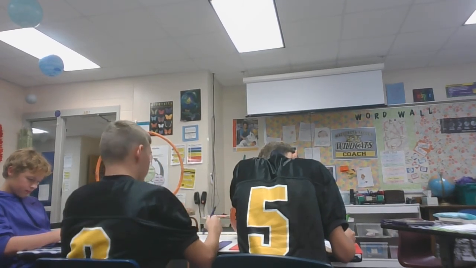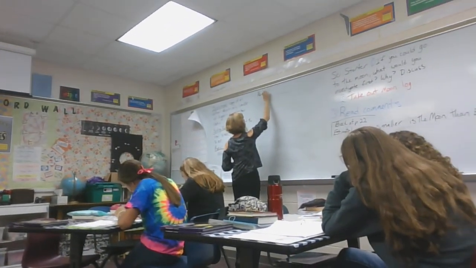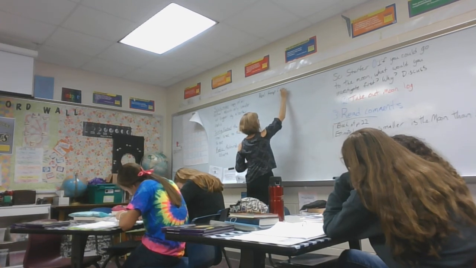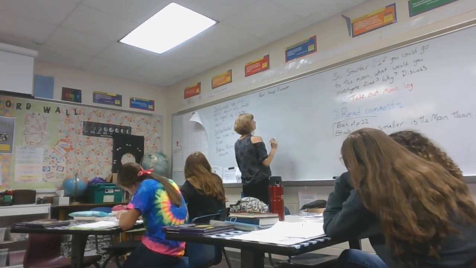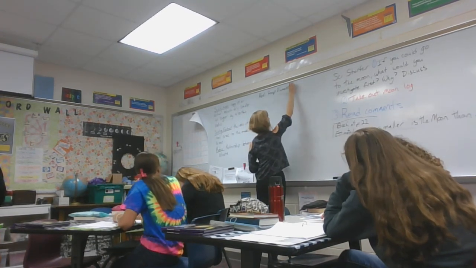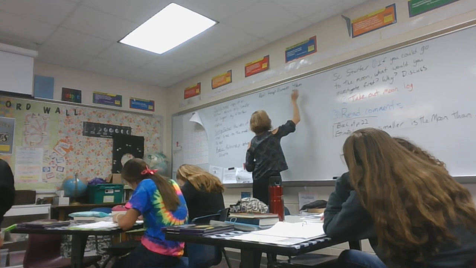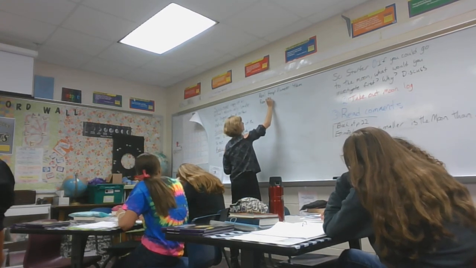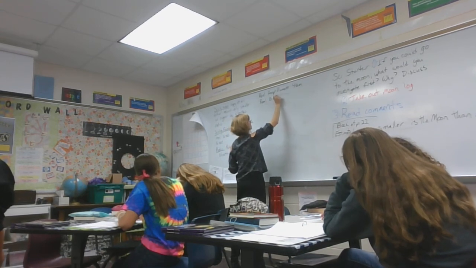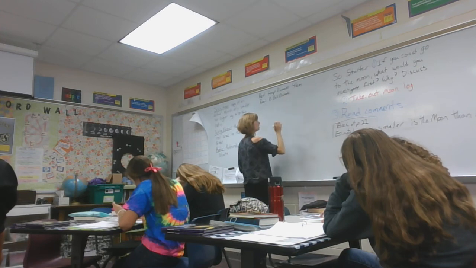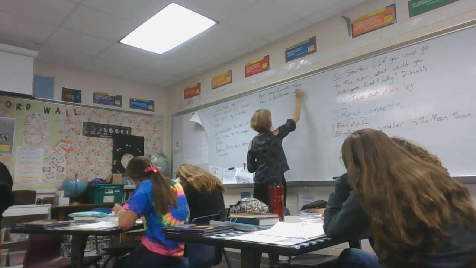So what we do know: we know the real hoop diameter. And what is that again? 46 centimeters. Okay. And we know the real basketball diameter. And what was that again? 23 centimeters.